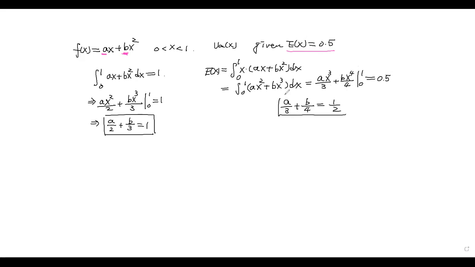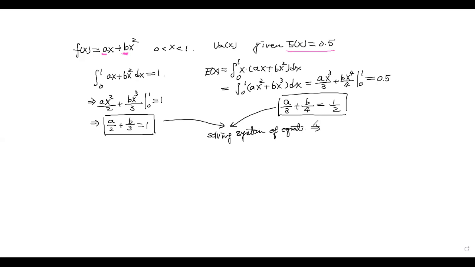And so now I have two equations with two variables, so I solve the system of equations and I will be able to find a and b. I'm not going to do the algebra here.